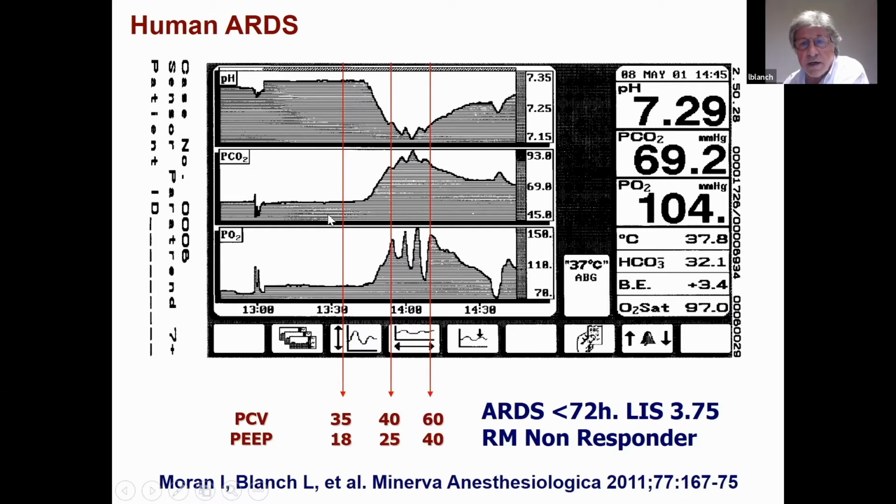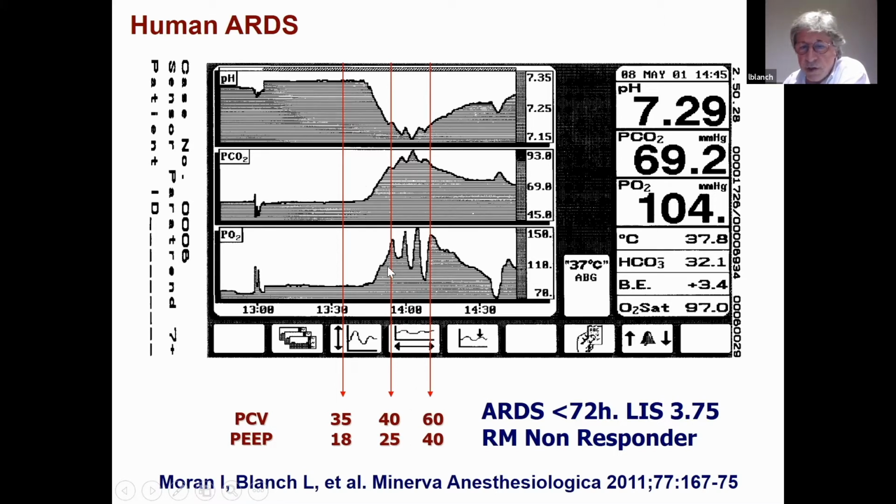This is a patient where there is a moderate increase in PaCO2. There is a derangement in oxygenation. This is in the first 72 hours of ARDS, and the Murray lung injury score is very high. This patient is ventilated with a pressure control of 35, PIP 18, and then we try to open the lung. And look at what happened here.